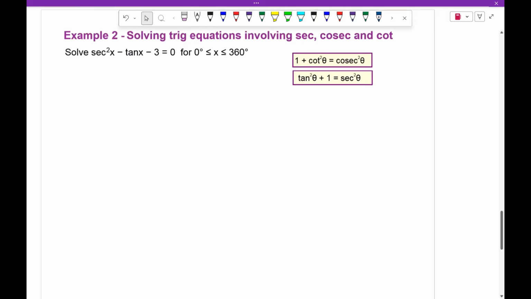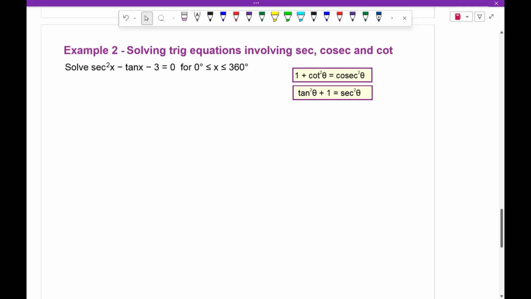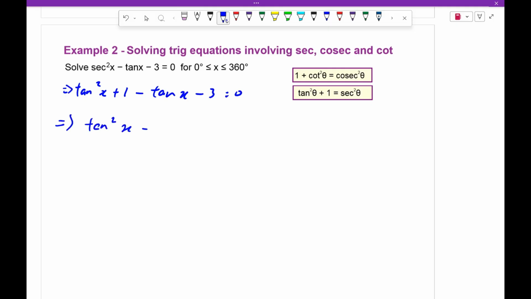So we have to solve the following trigonometry, okay, using our identities. So obviously, in order to solve anything, we have to make sure everything is in one variable or consistent in one variable. But this case, it doesn't, 因为这个有 sec. However, we can change it so that it becomes tangent square x plus 1 minus tangent x minus 3 equals to 0. It's the same as tangent square x minus tangent x minus 2 equals to 0.